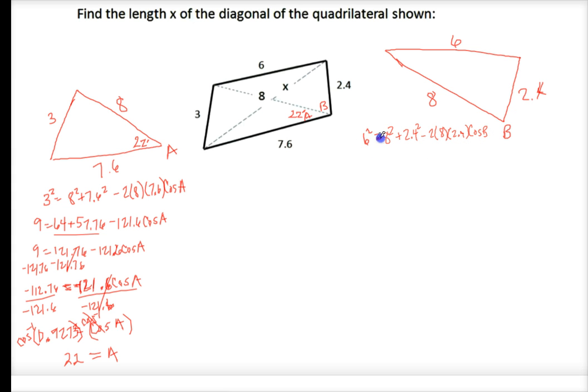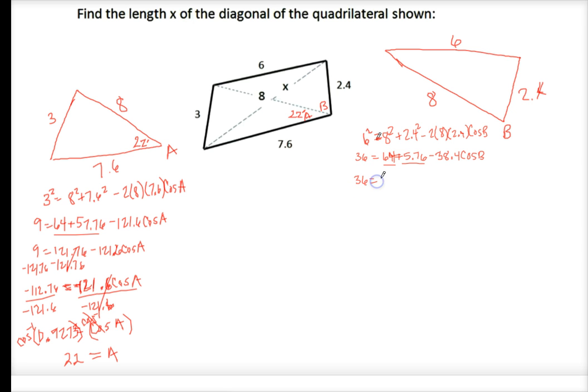Let's do some simplifying here. So 6 squared is 36 equals 8 squared is 64 plus 2.4 squared, which is 5.76, minus 2 times 8 times 2.4, which is 38.4, times cosine B. We do some simplifying, so let's add our like terms here. 64 plus 5.76 is 69.76.